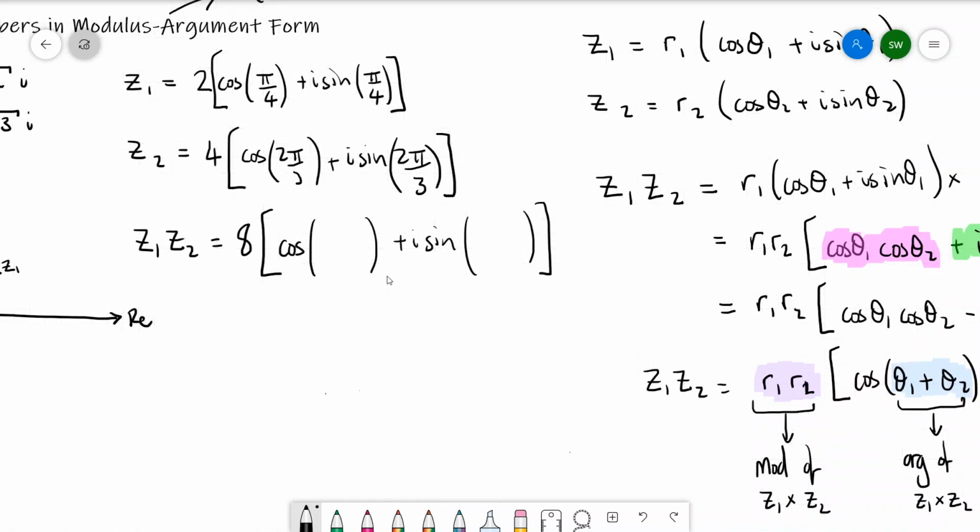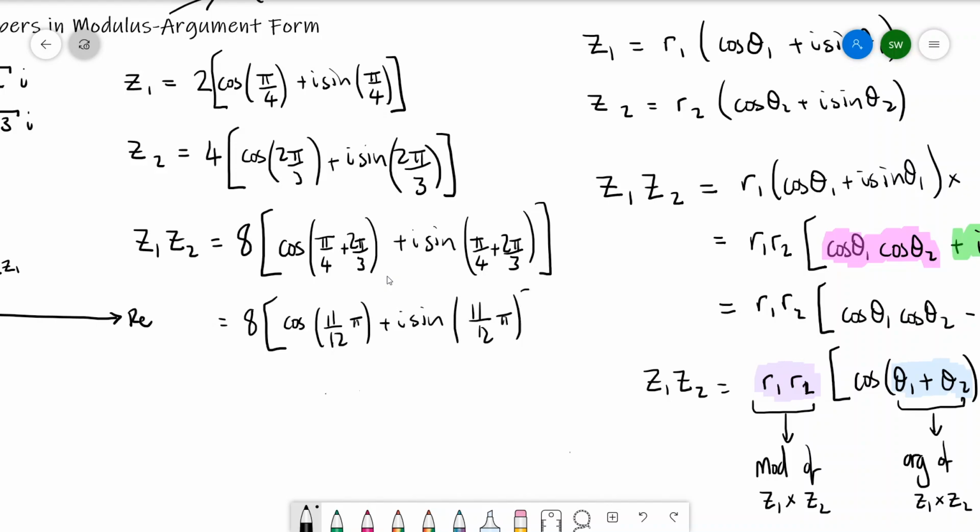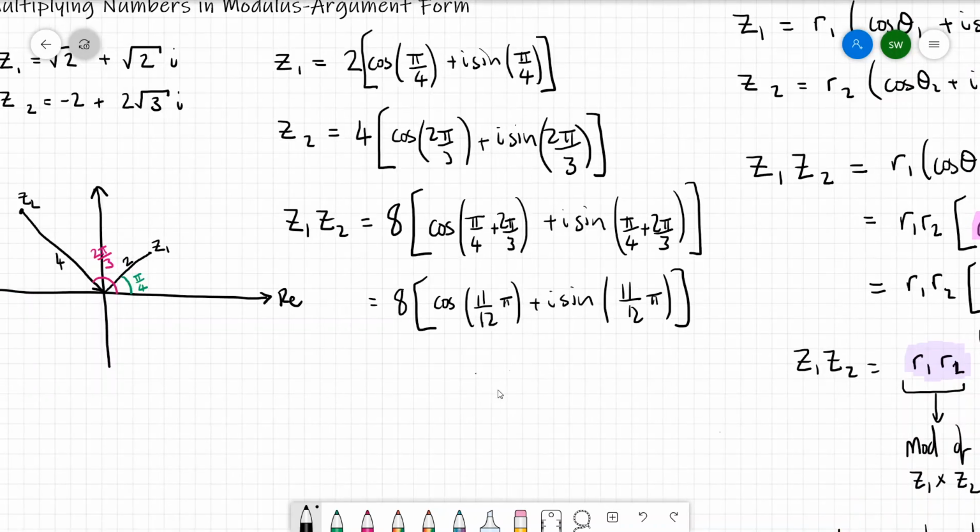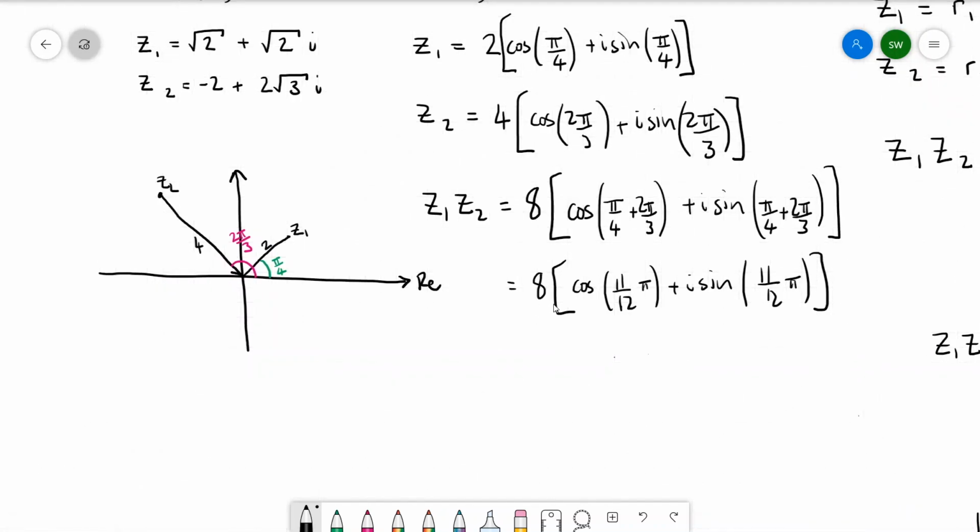So we're going to do pi over 4 plus 2 pi over 3. So if we work that out, we'd get 8 cos of 11 twelfths pi plus i sine of 11 twelfths of pi. So our product, the complex number which is the product, has modulus 8 and argument 11 over 12 pi.